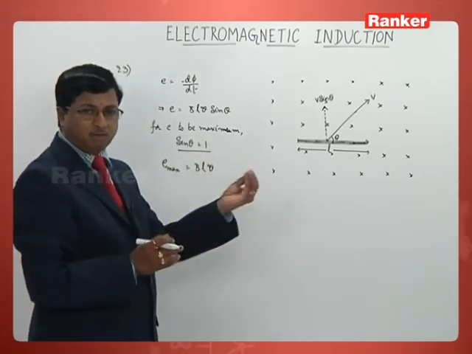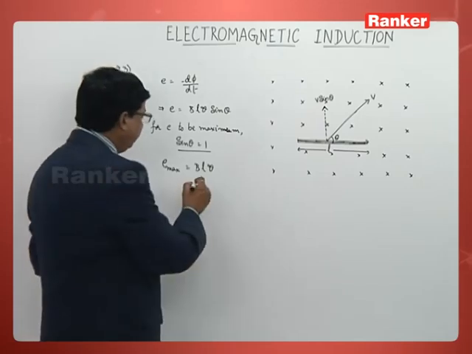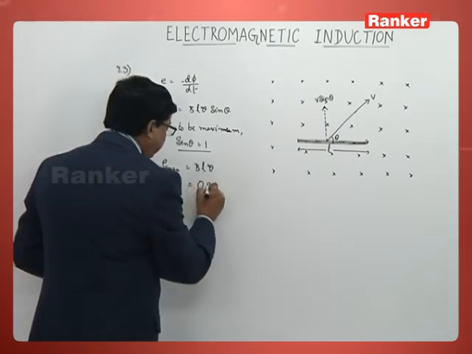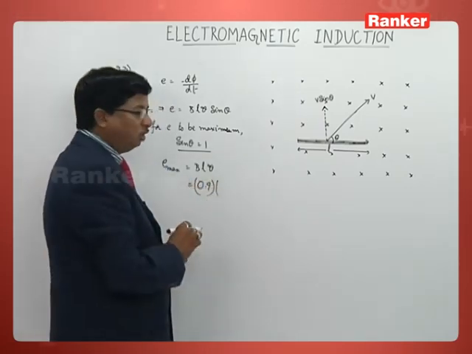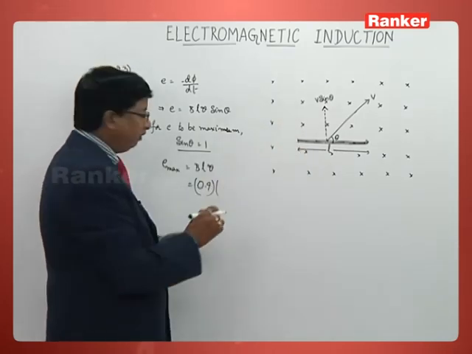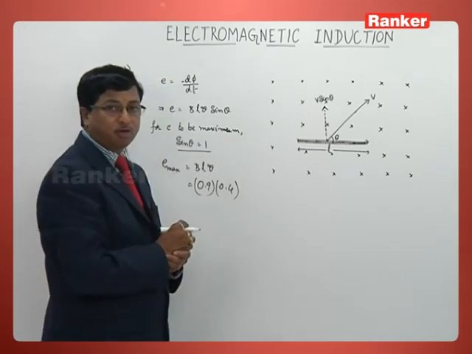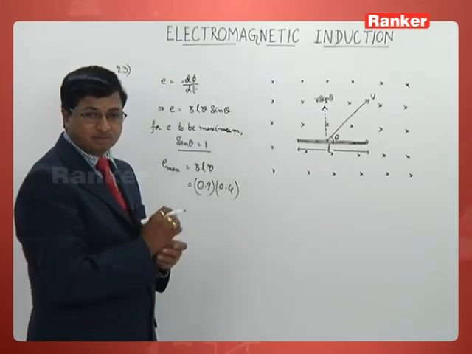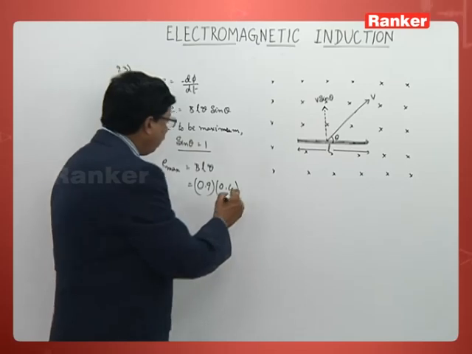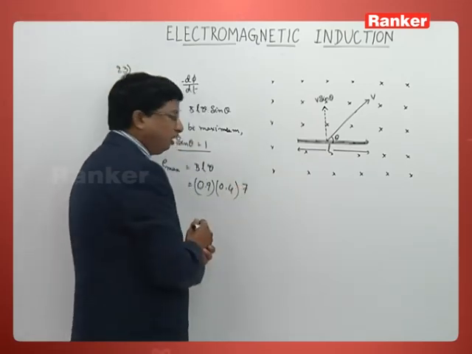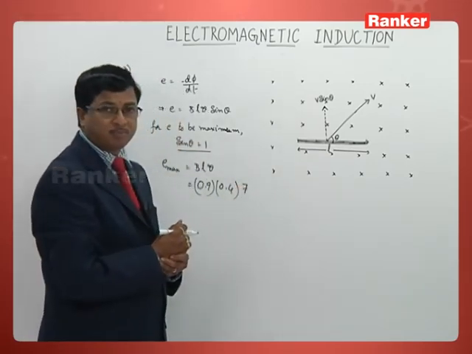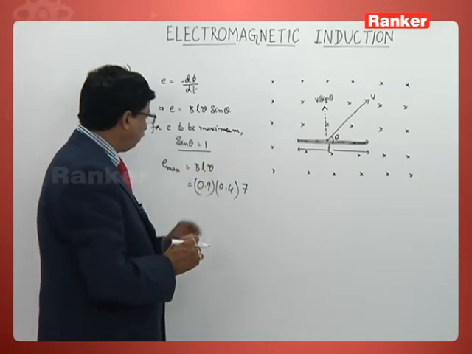So all the values he has provided you. What is B? You check it, it's 0.9. What is the length of that conductor given? You just look at 0.4 meter. No need even for you to convert the values. He has given like that. And with what velocity was it moving? It's 7 meter per second. So all the three values are known to you.